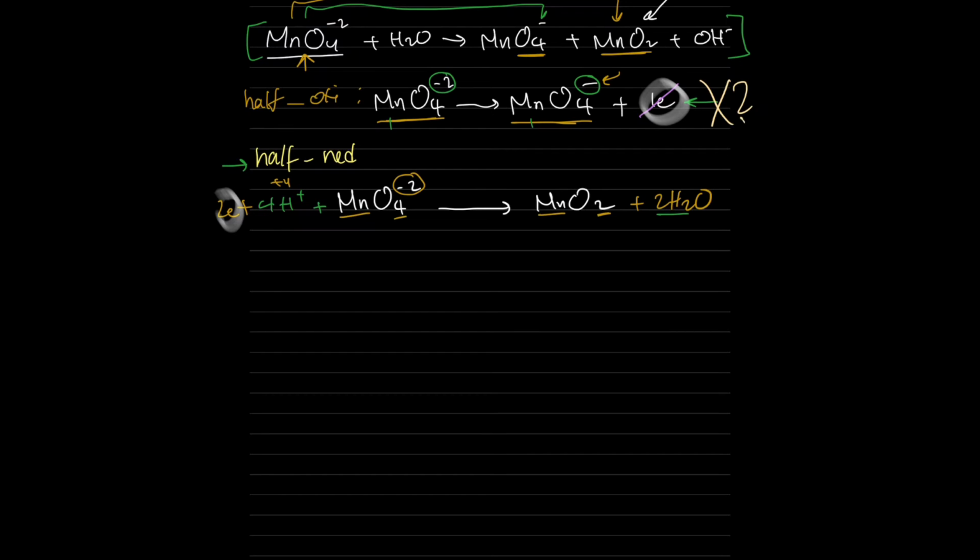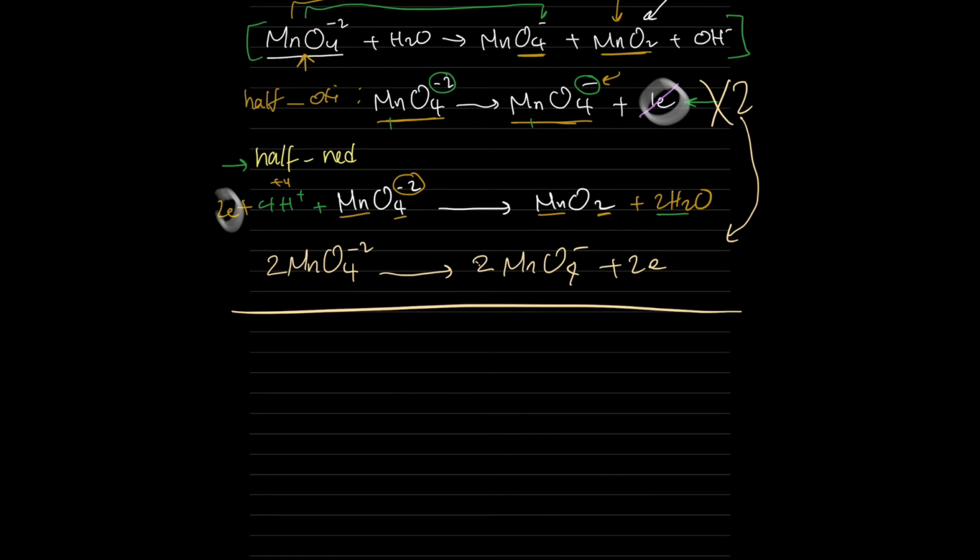So we can rewrite this again here. It will give you 2 MnO4 negative 2 leads to give 2 MnO4 negative 1 plus 2 electrons. Okay. As you can see, we can cancel these 2 electrons together. Then we will add these 2 equations together.